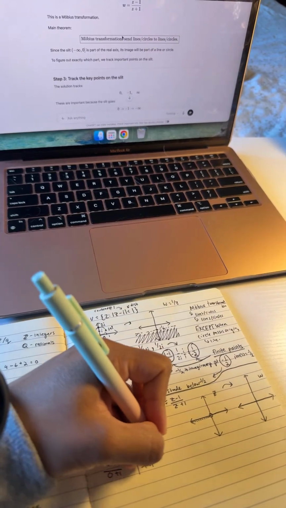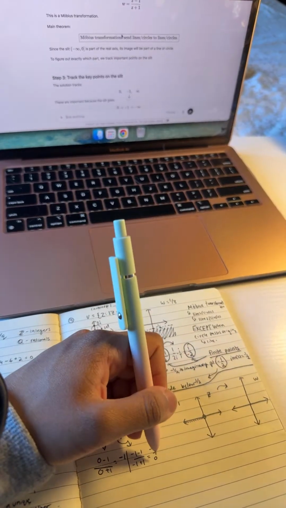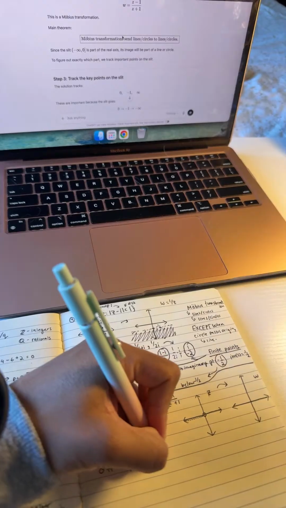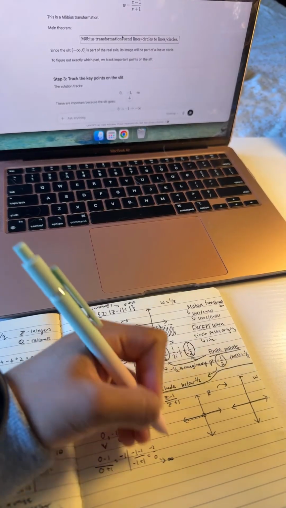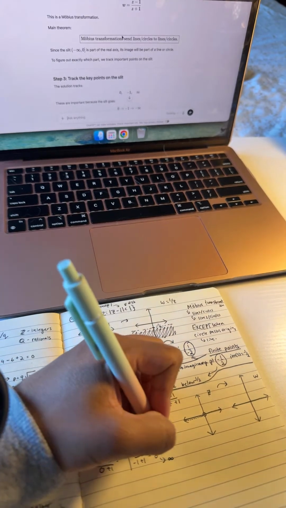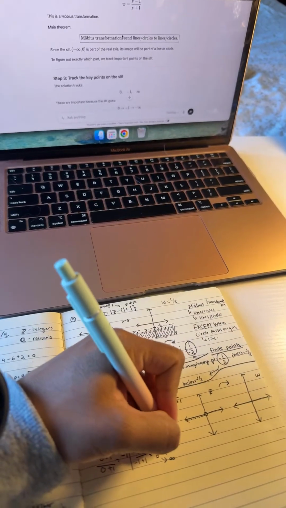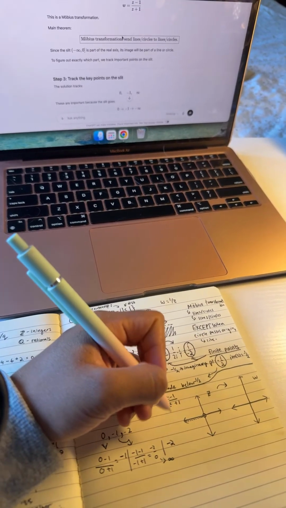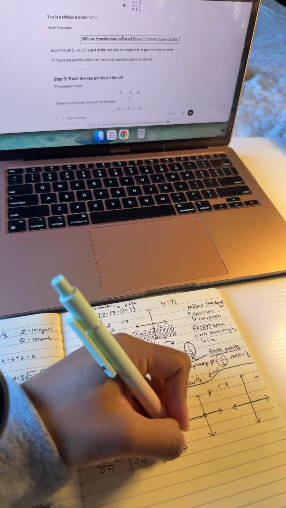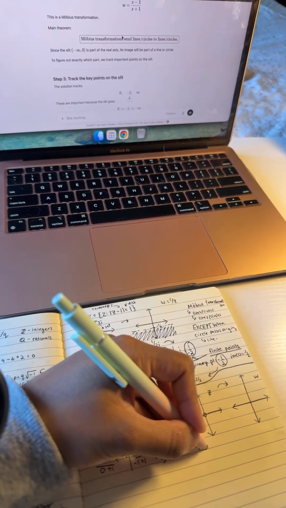Wait a second, that's negative 2 over 0, but this doesn't go to 0 in calculus. When the denominator is 0, it's really small, so it goes towards infinity. Because that's how math works. It's supposed to confuse you. If it doesn't confuse you, you're doing it wrong. So negative 2 is what we plug into z here: negative 2 minus 1 over negative 2 plus 1. That gives negative 3 over negative 1, which is just 3.